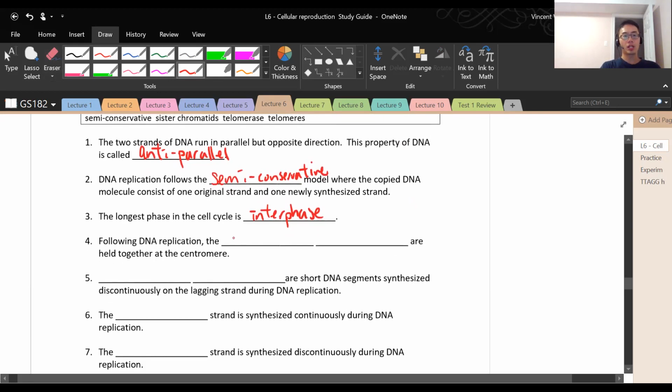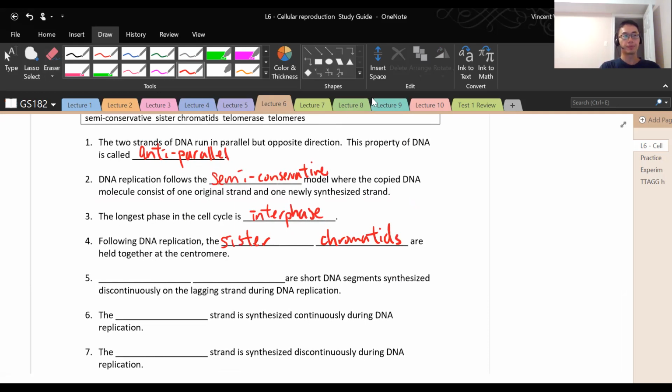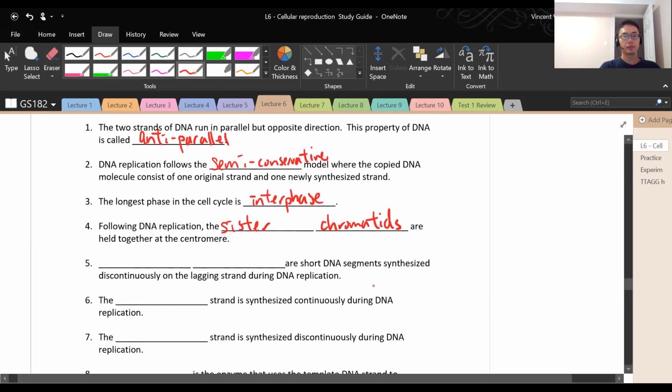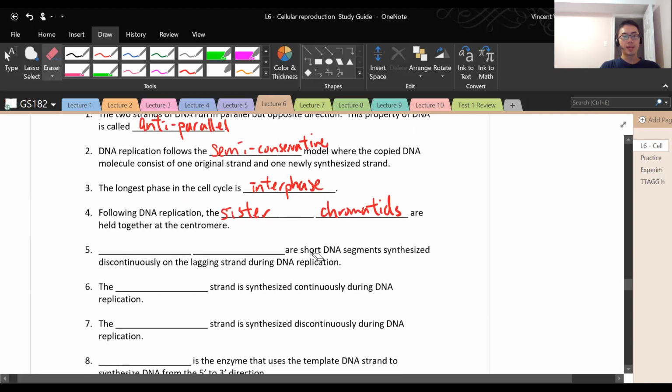Following DNA replication, the sister chromatids are held together at the centromere. Something are short DNA segments synthesized discontinuously. That's the Okazaki fragment.